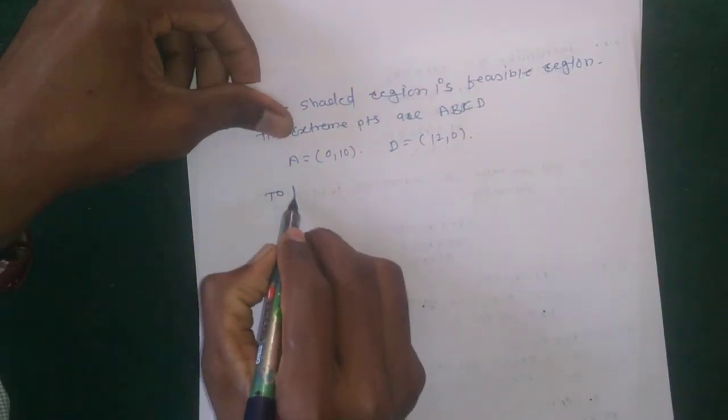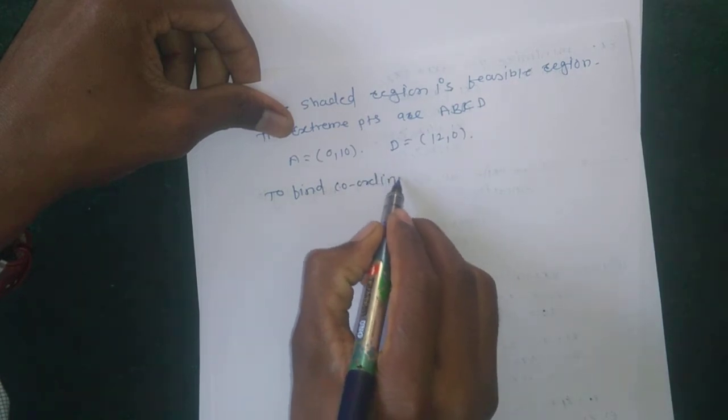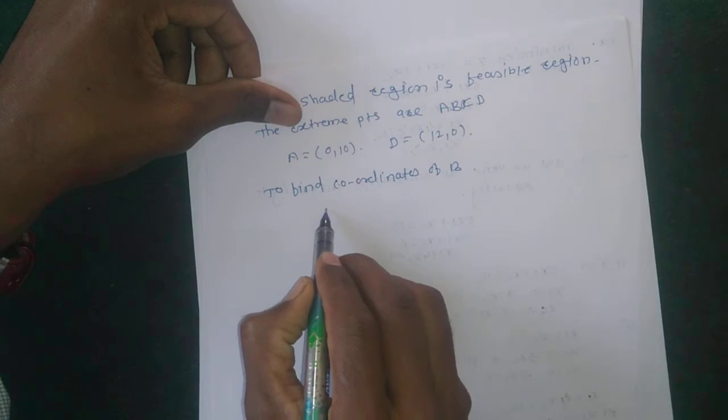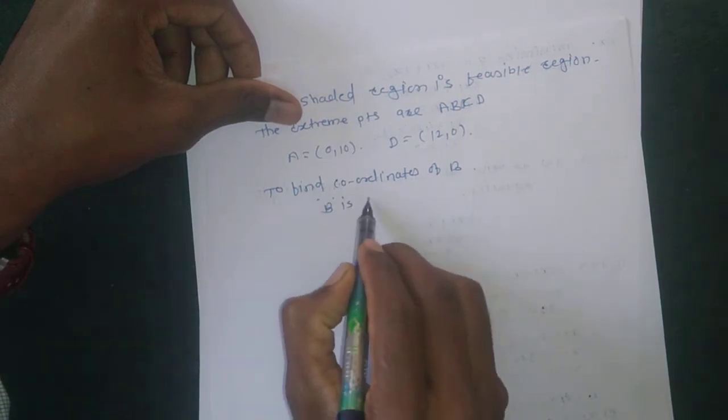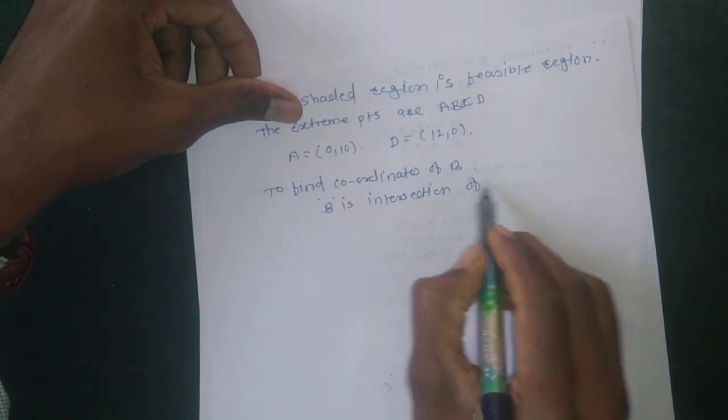To find the coordinates of B, point B is the intersection of two lines.